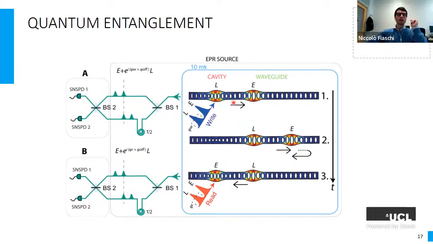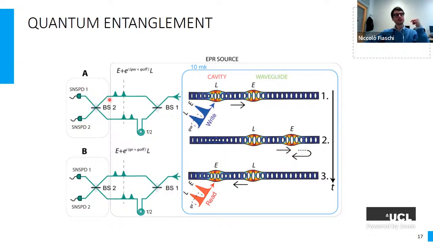No, actually no. The way you create entanglement is, of course, you don't create two excitations. This is where the classical word fails to describe. You create the superposition of these two excitations, early and late. In this beam splitter, they're still distinguishable.